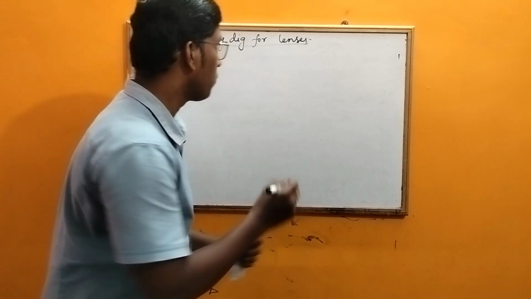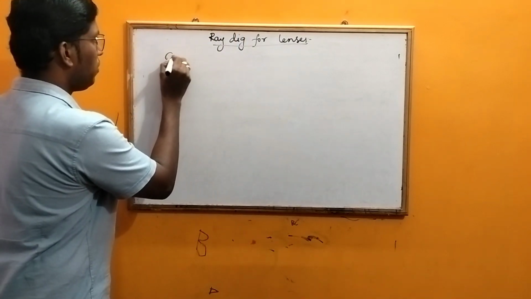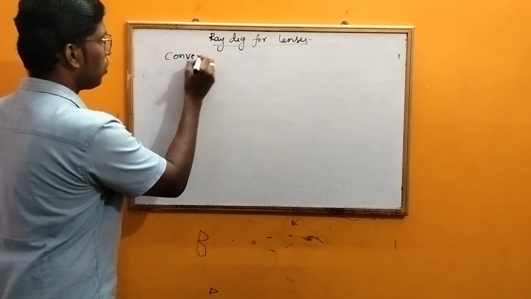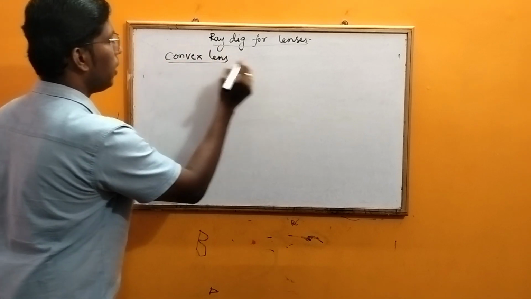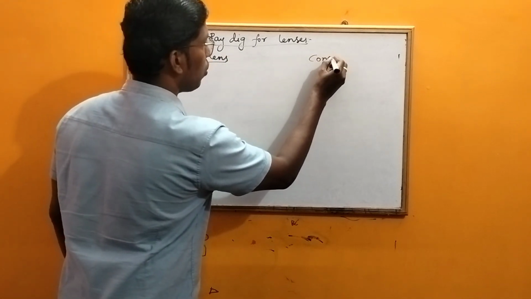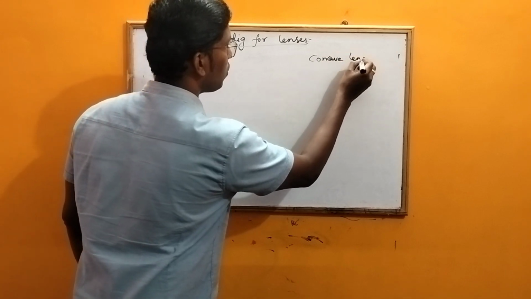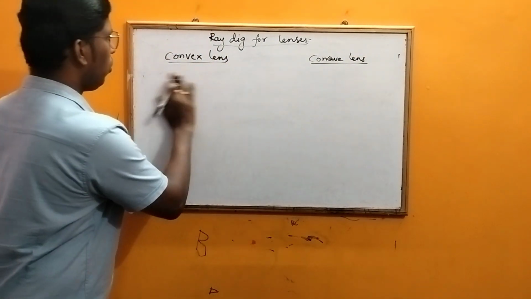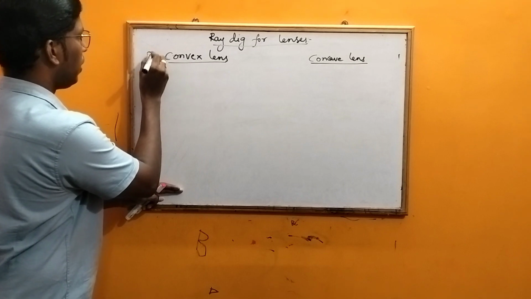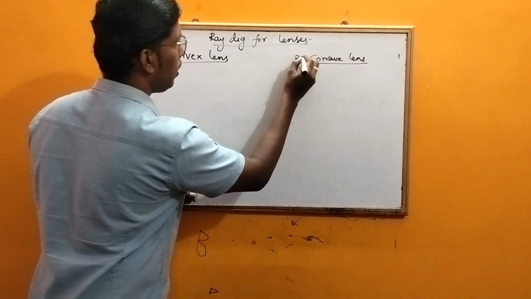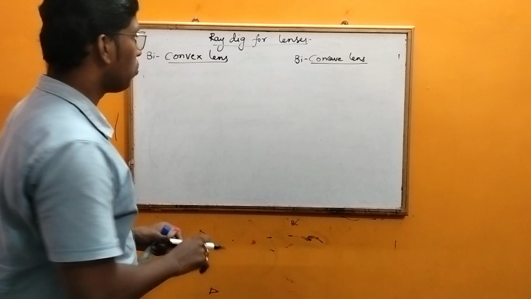One is convex lens, and the second one is concave lens. We can also call them biconvex lens or biconcave lens. So these are the two types of lenses.